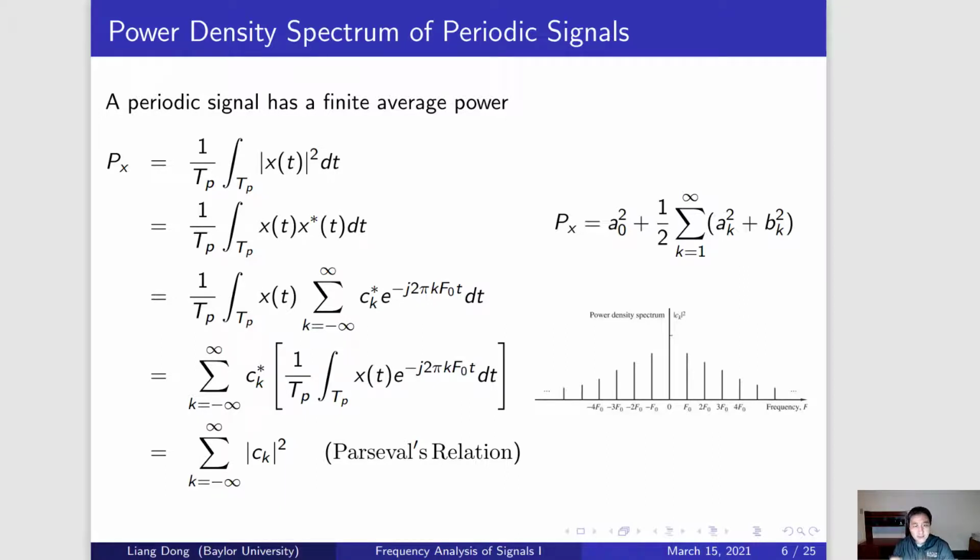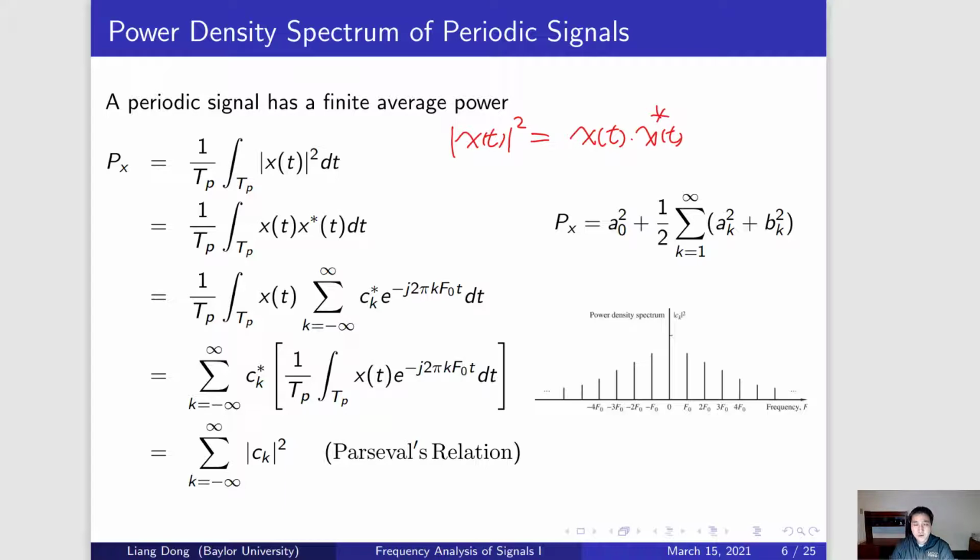Now let's look at the power density spectrum of a periodic signal, using the tool that we have, which is the identity equation for the Fourier series expansion. The power of a signal x(t) is the absolute value squared, where x(t) can be any complex value, so this is given by x(t) times x(t) conjugate.